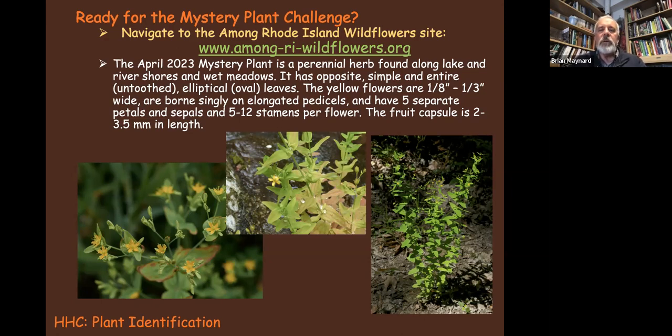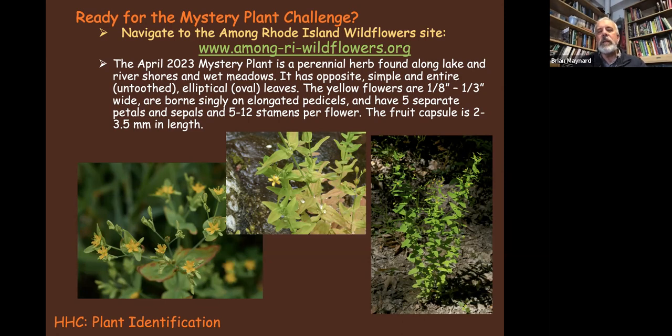The Among Rhode Island Wildflowers website, on the front page, has a mystery plant that starts on the first day of each month. The goal is for you to use the pictures and the description of the plant to key this plant out, typically using Newcombs and sometimes using Go Botany.